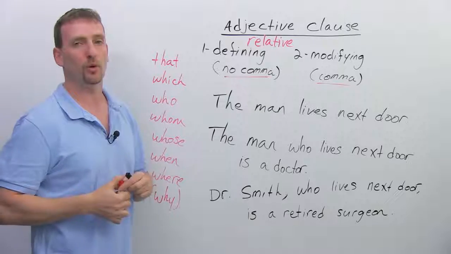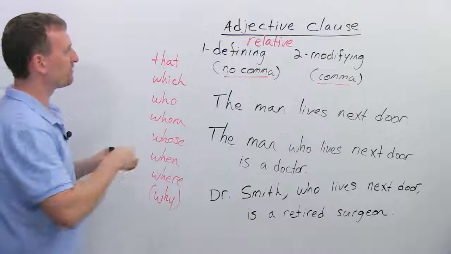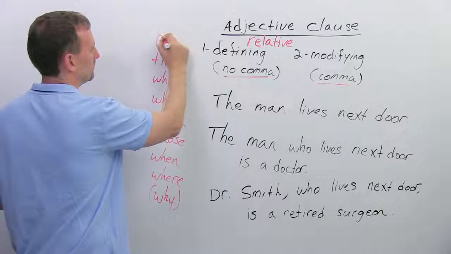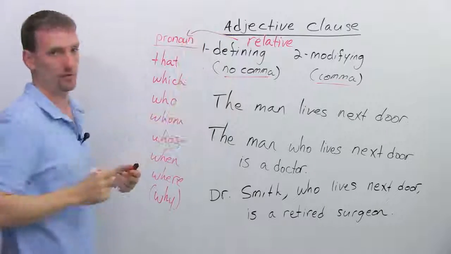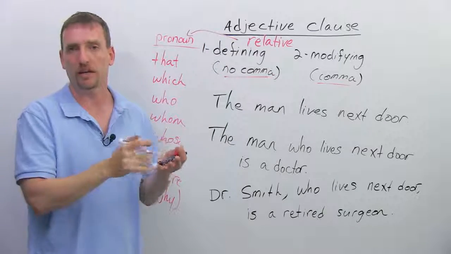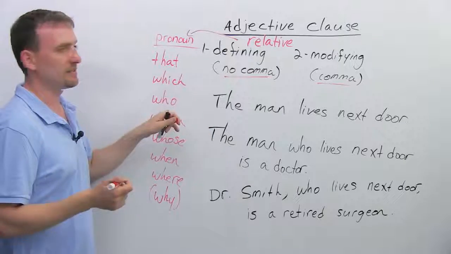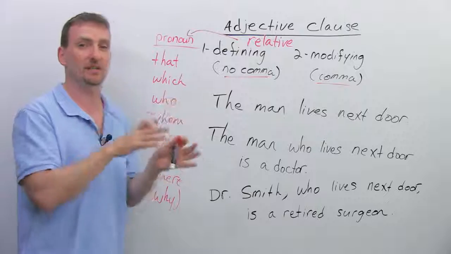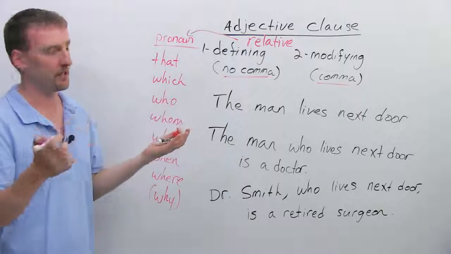Now, another thing to know about adjective clauses, they all begin with a relative pronoun. This is basically the conjunction of the clause. It is what begins the clause. Now, some of these can also be the subject of the clause, which means it will agree with the verb. Some of them cannot.